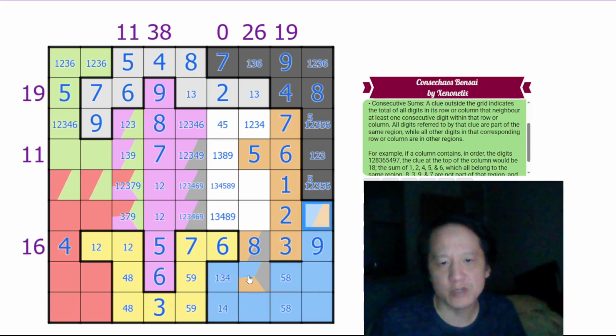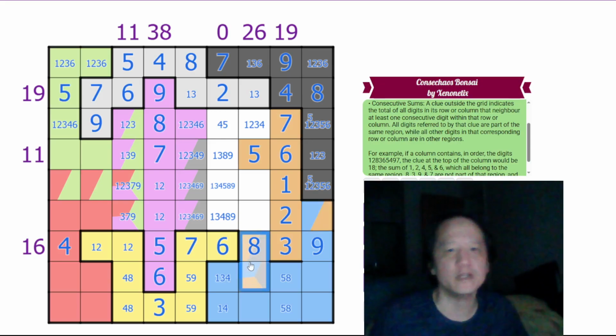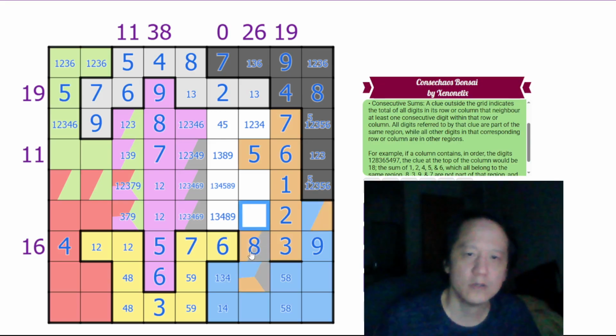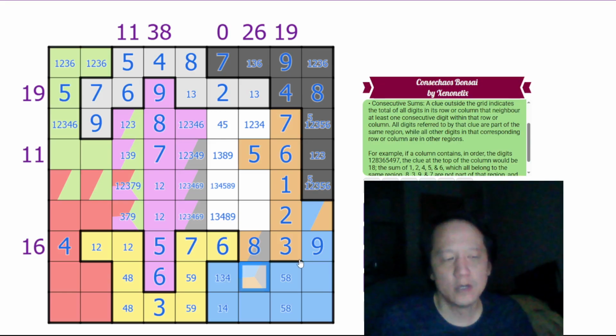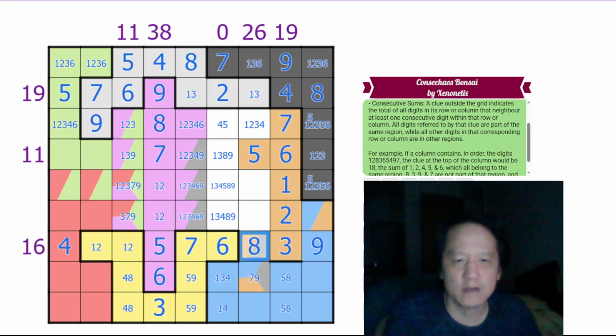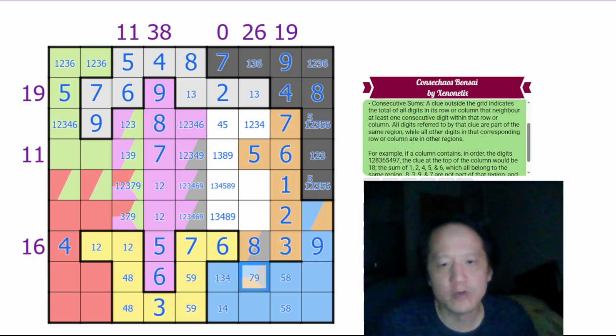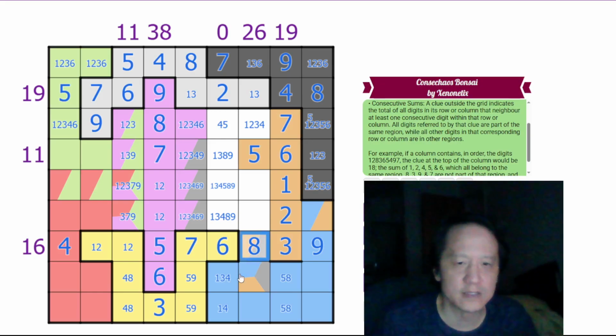So orange could be here, or this could be orange or medium here. Whichever one this is has to be consecutive. So this must be 7 or 9. Actually, no. It doesn't. It could be part of blue. Okay, so that's not restricted.